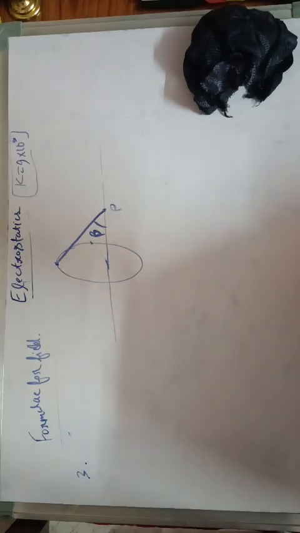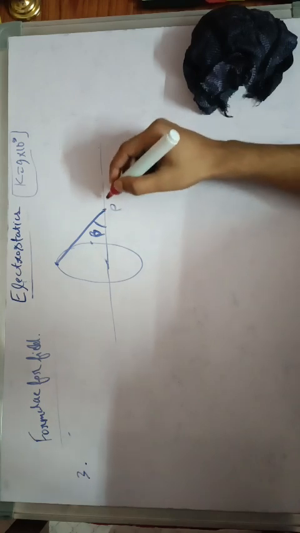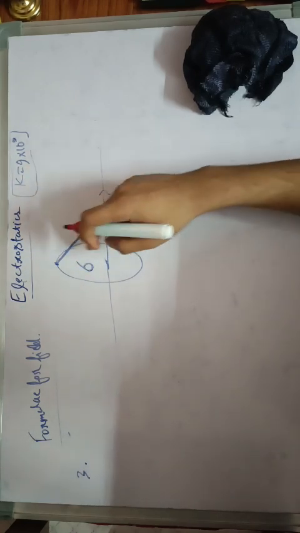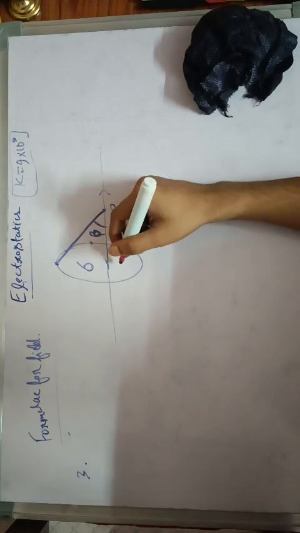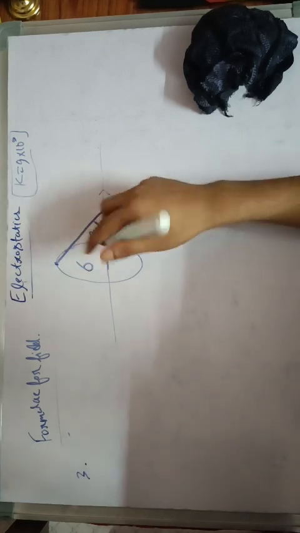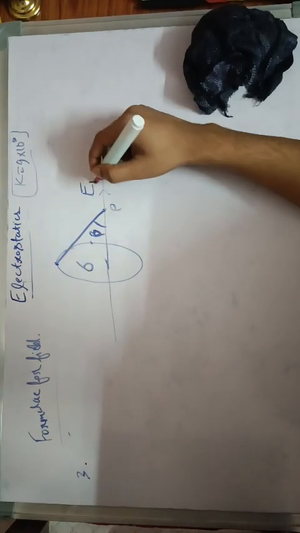Now there would be some field here. There is some sigma charge density. This is the areal charge density, per unit area of this disk. This is sigma. Then in this case, there will be some E perpendicular here.